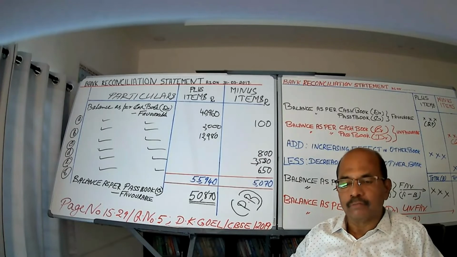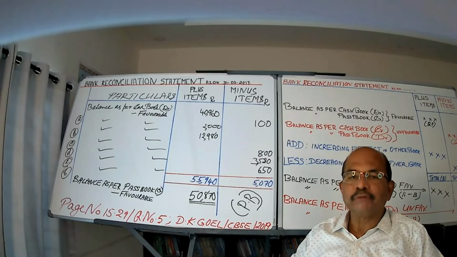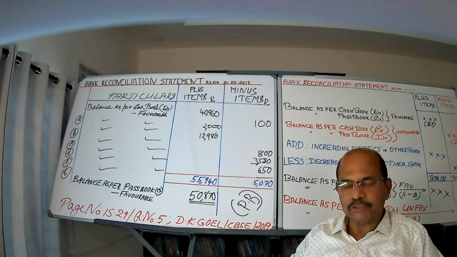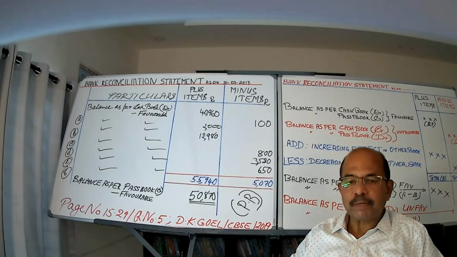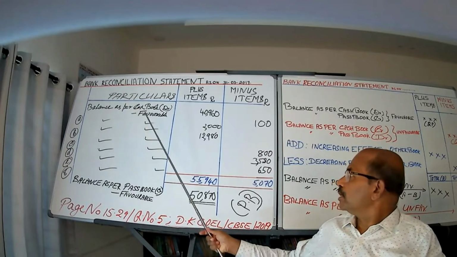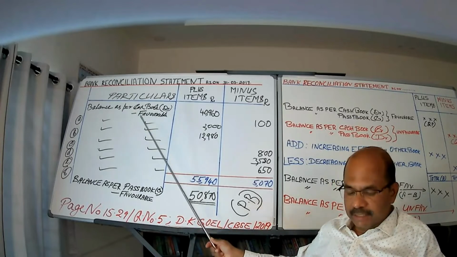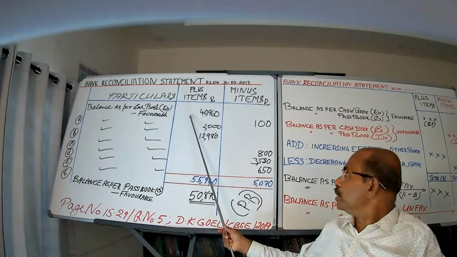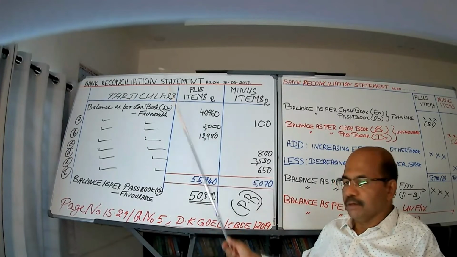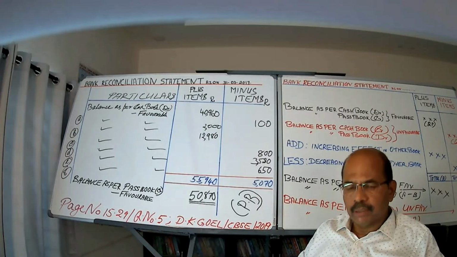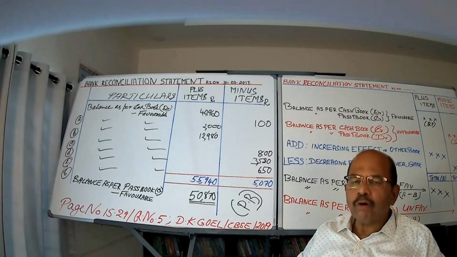Of course, since there is a difference, reconciliation is done. So balance as per cash book, rupees 40,960 given, and we are showing it in the plus item. Why? It is not shown otherwise anywhere as overdraft or anything like that. Unless mentioned otherwise, by default, things are favorable, right?